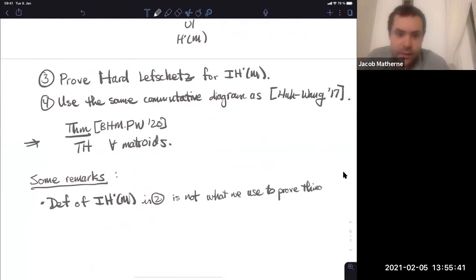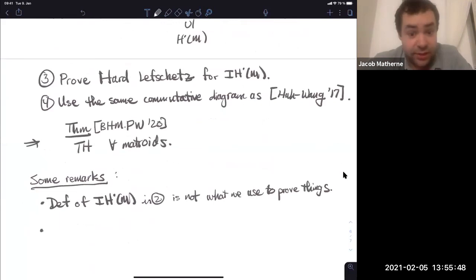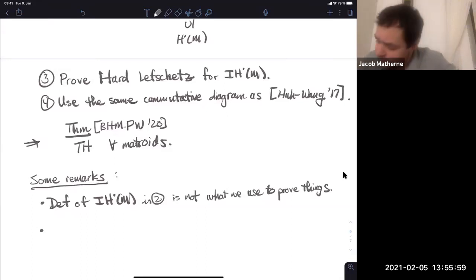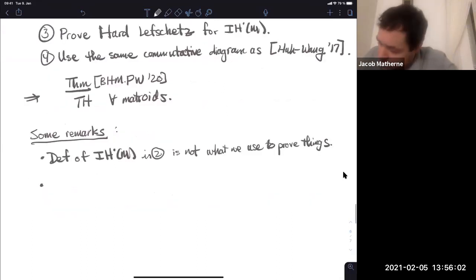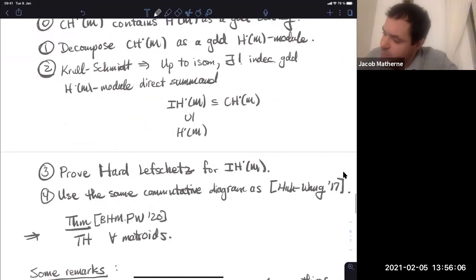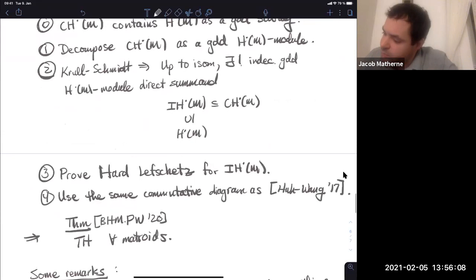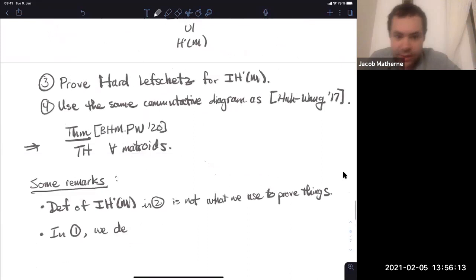What we do instead is write down a canonical decomposition of this augmented Chow ring, and we can use this canonical decomposition to define the intersection cohomology in a canonical way.